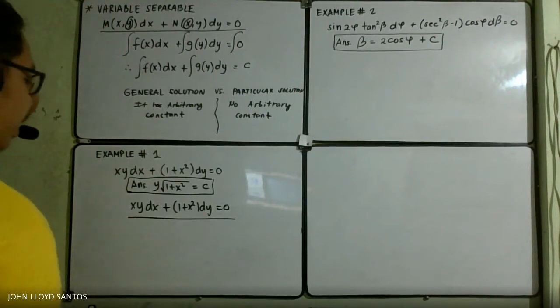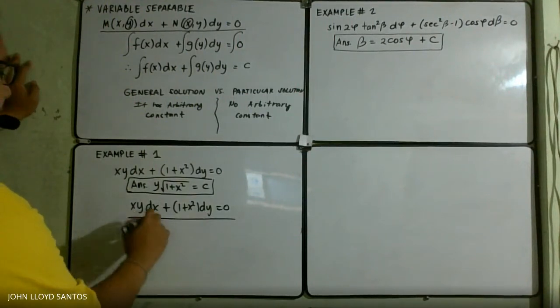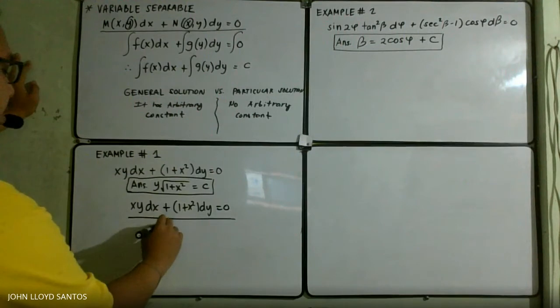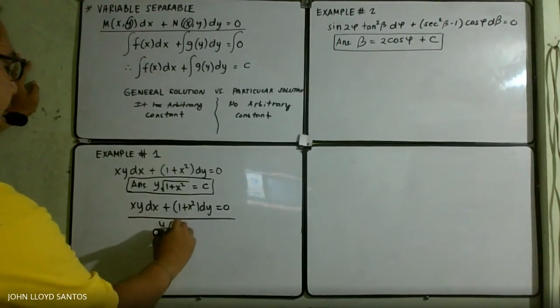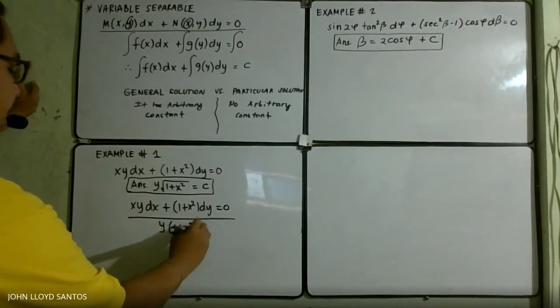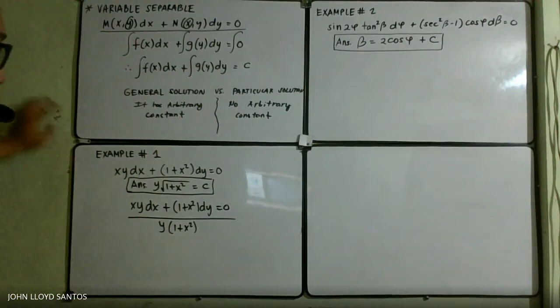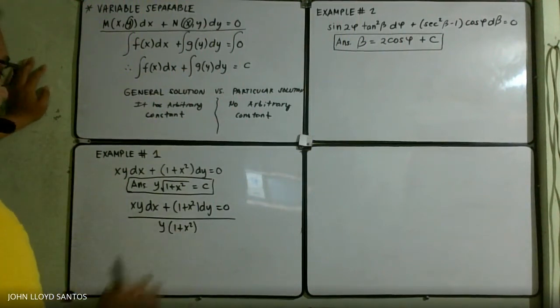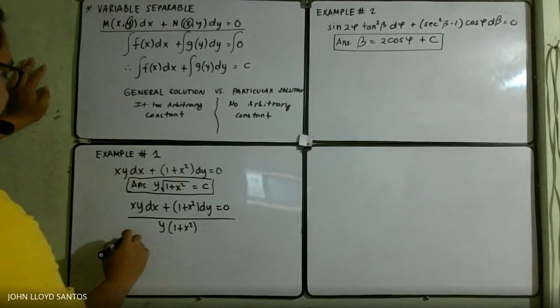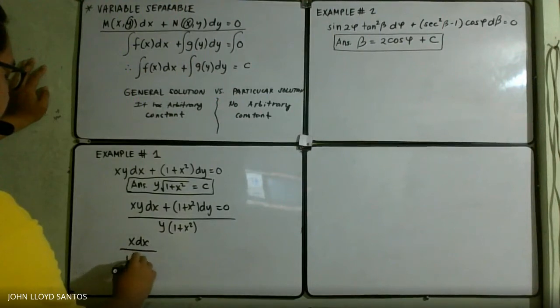So we can see na yung y hindi natin kailangan dito sa xy dx. And then sa kabila, hindi rin natin kailangan yung 1 plus x squared. By division, divide lang natin yung differential equation. So we now have x dx all over 1 plus x squared.